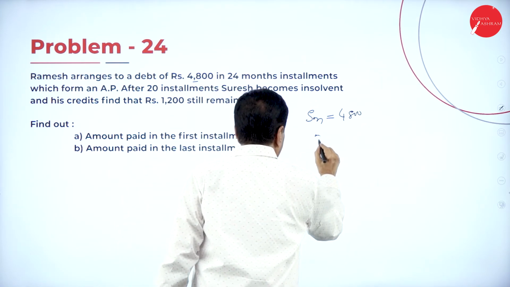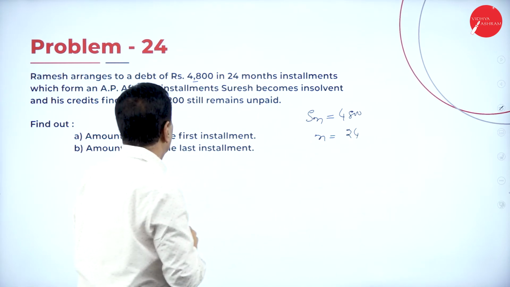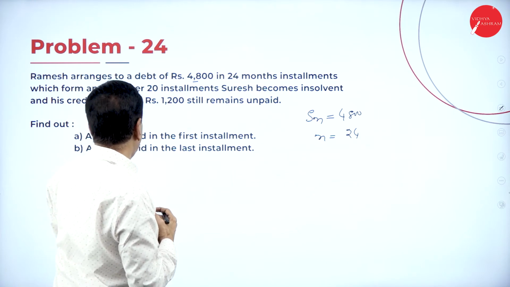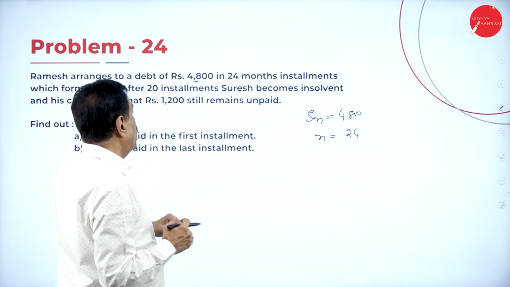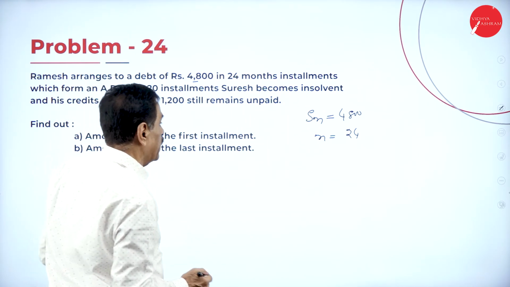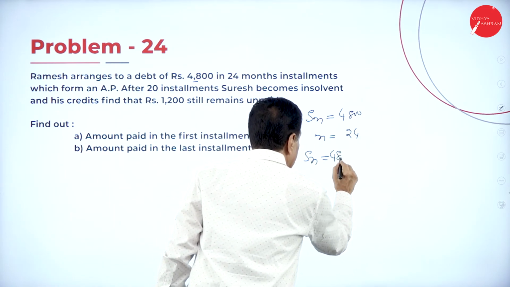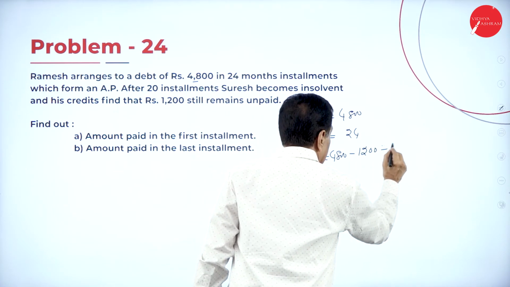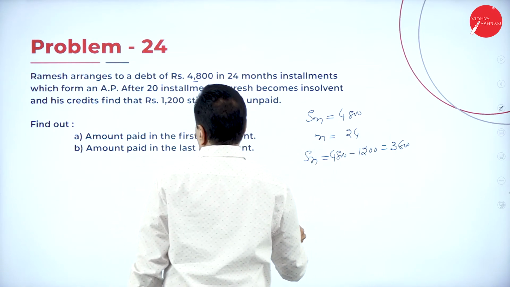After 20 installments, Suresh becomes insolvent and he has credited 1,200. So Sn becomes 4,800 minus 1,200, it becomes 3,600. N is equal to 20 installments.